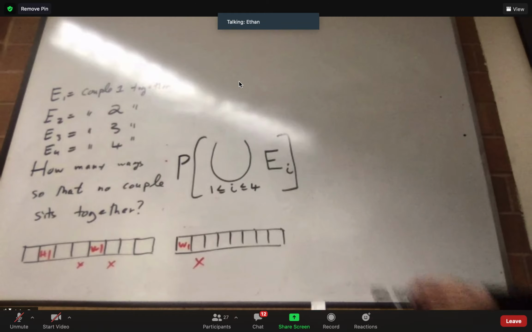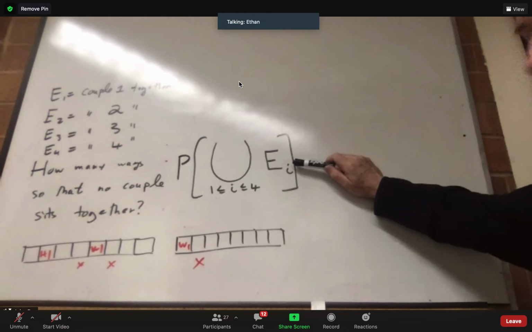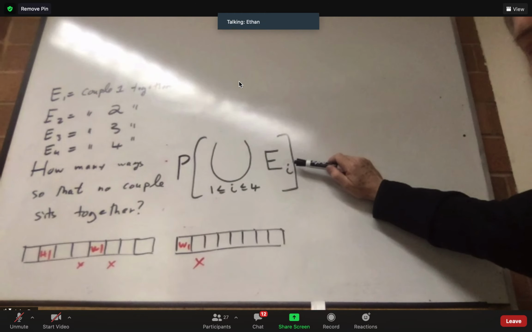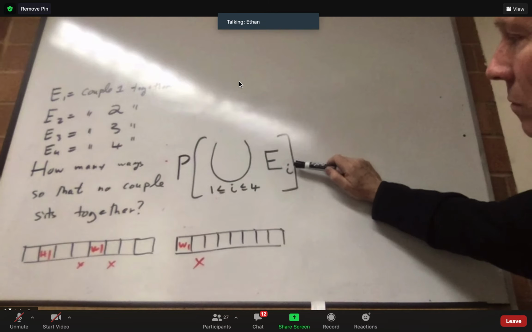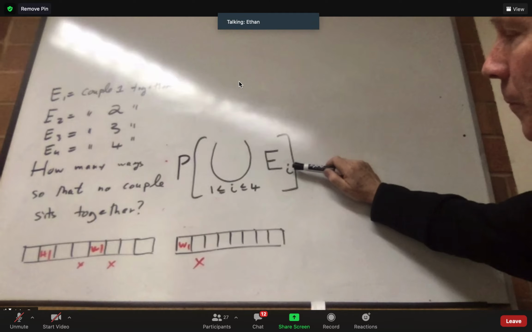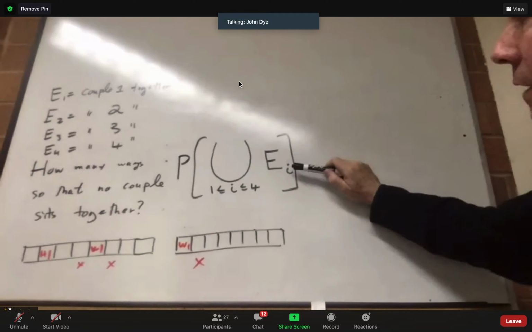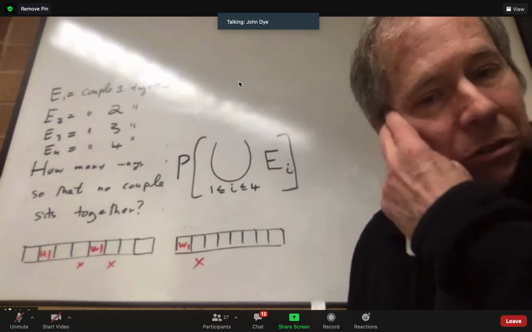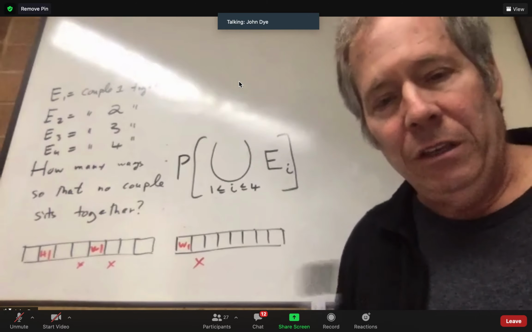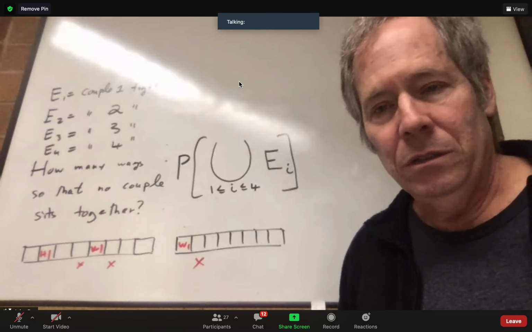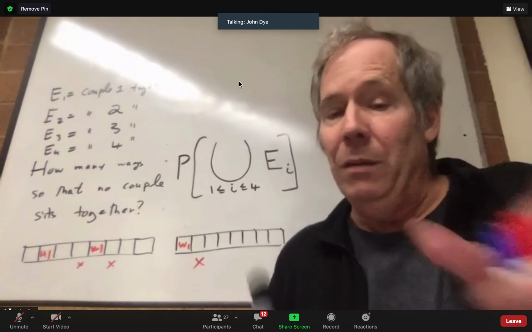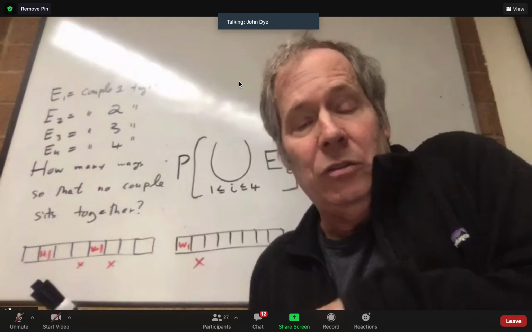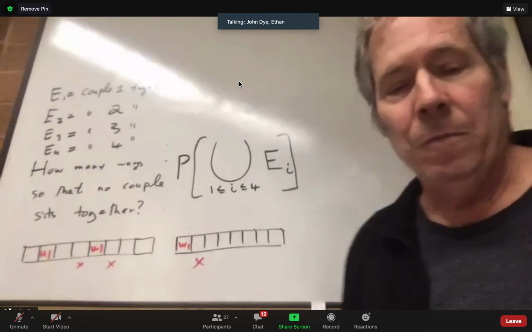Are they each a set of all the possible arrangements where that thing happens? E1 is an event. You think they sit randomly, so it's the event that couple one is sitting together. It doesn't say anything about couple two, but this is just couple one being together.